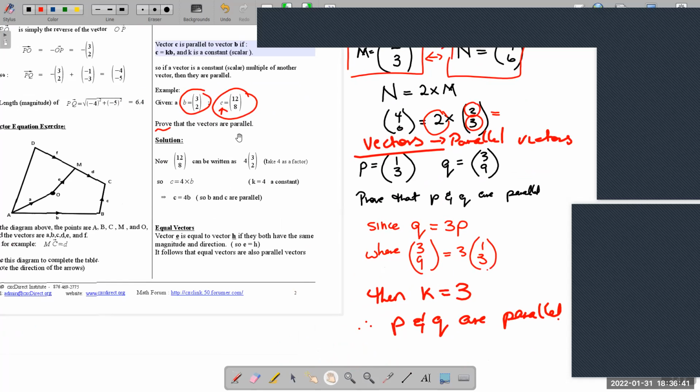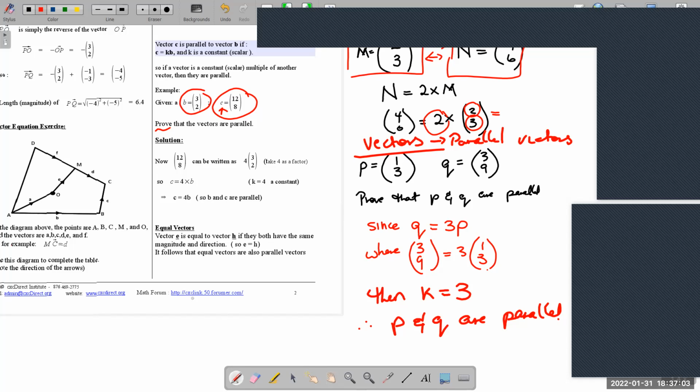And so we see here, we understand what parallel vectors mean. Okay. All right. Equal vectors. Obviously, equal vectors is just what it says. Two vectors are equal, as it says here, vector E is equal to vector H if they have the same magnitude and direction.